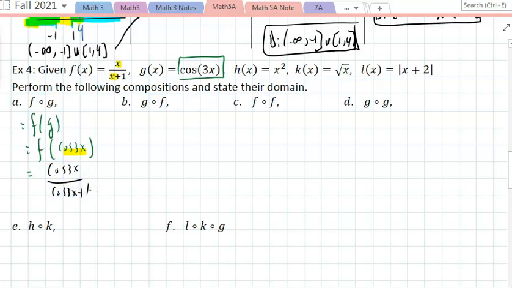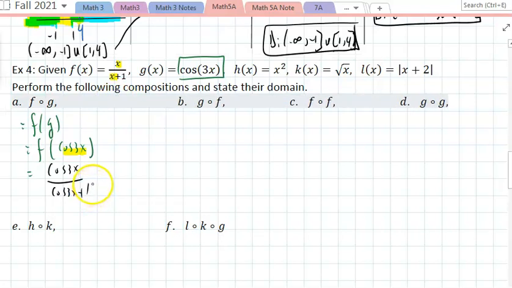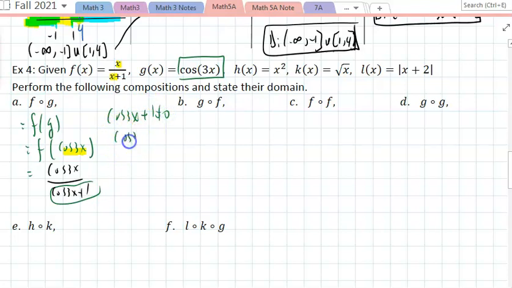So now when we look for the domain, it's a fraction. We want the cosine of 3x plus 1 not equal to 0. We want the cosine of 3x not to equal negative 1.